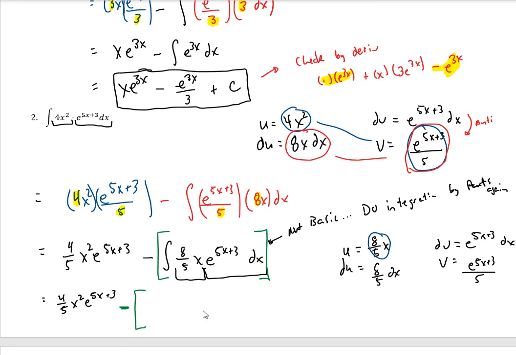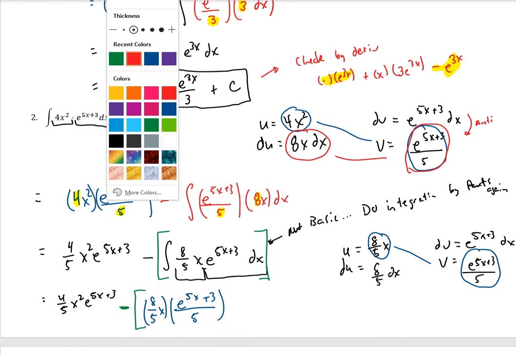Okay, so this whole thing in the green, I'm still doing integration by parts, where those two multiply. Okay, so these two multiply. And the order doesn't really matter. You can just put in whatever, but let's put the parentheses. 8/5 x times e to the 5x plus 3 over 5. And then minus the integral.